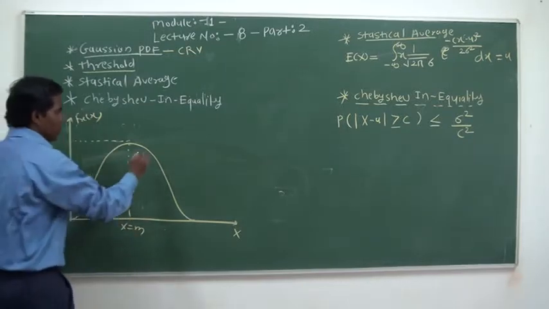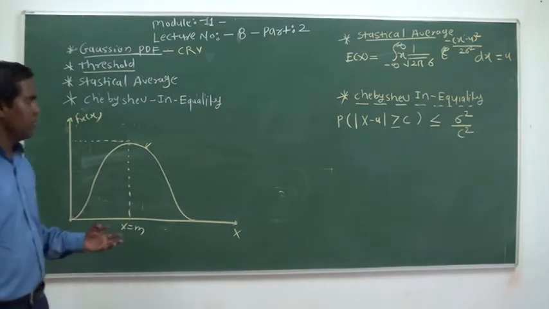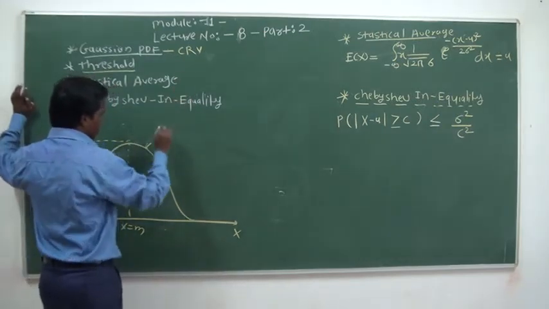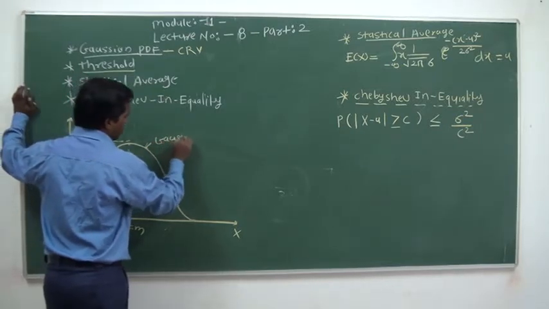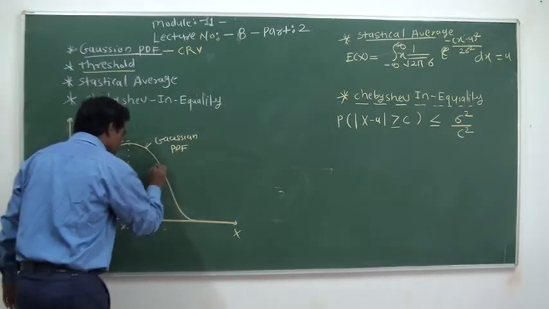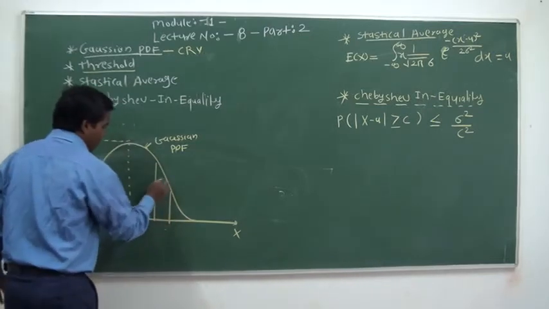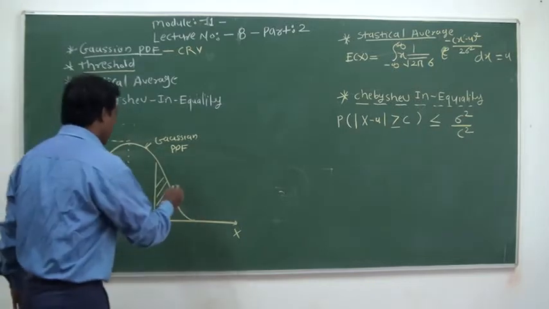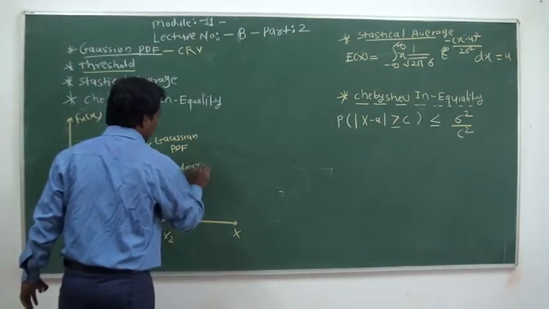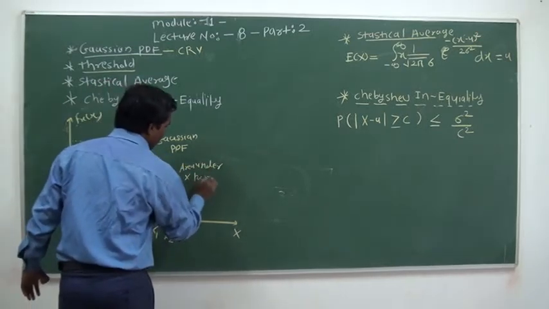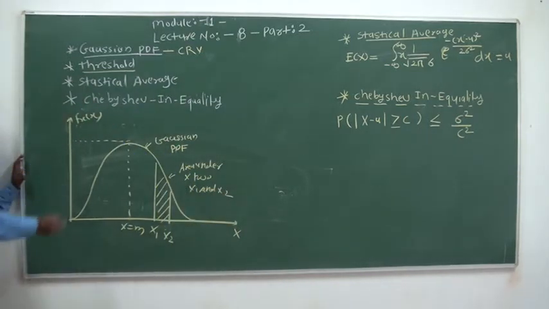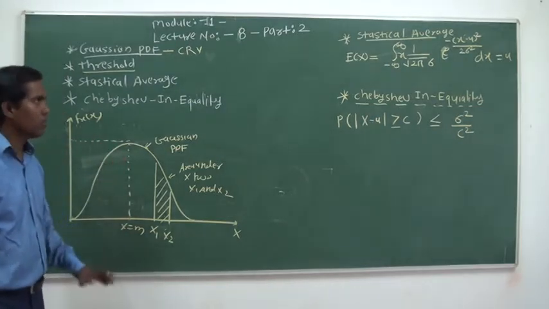The area between x1 and x2 is shown. This is a typical view of the Gaussian PDF. So what are the properties?